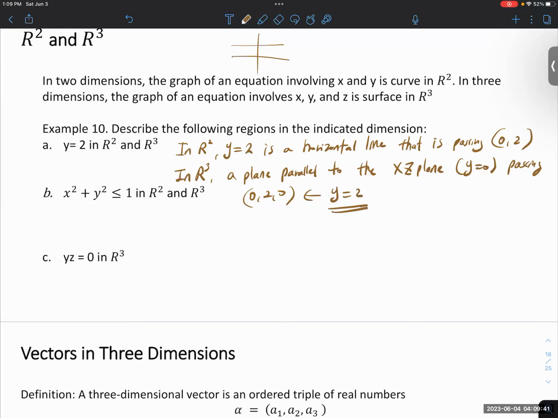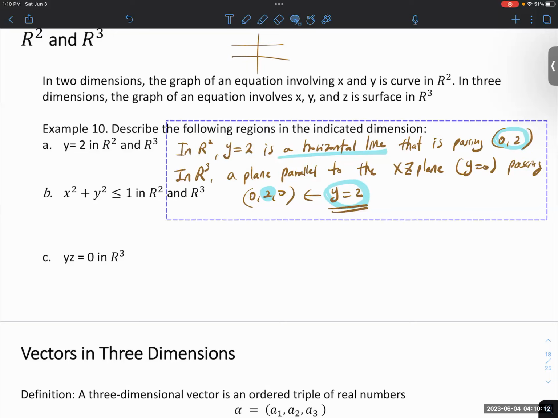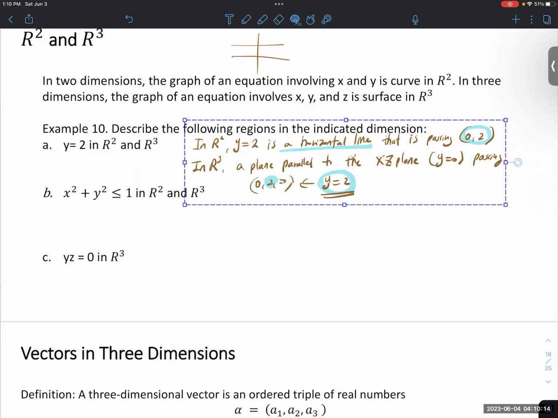So in two-dimensional space, it is just a horizontal line passing through 0, 2. In three-dimensional space, we are only passing through the Y, and there's no X and Z. So 0, 2, 0 is the same as Y equal to 2. Does it make sense? So think about each meaning in two and three-dimensional space.